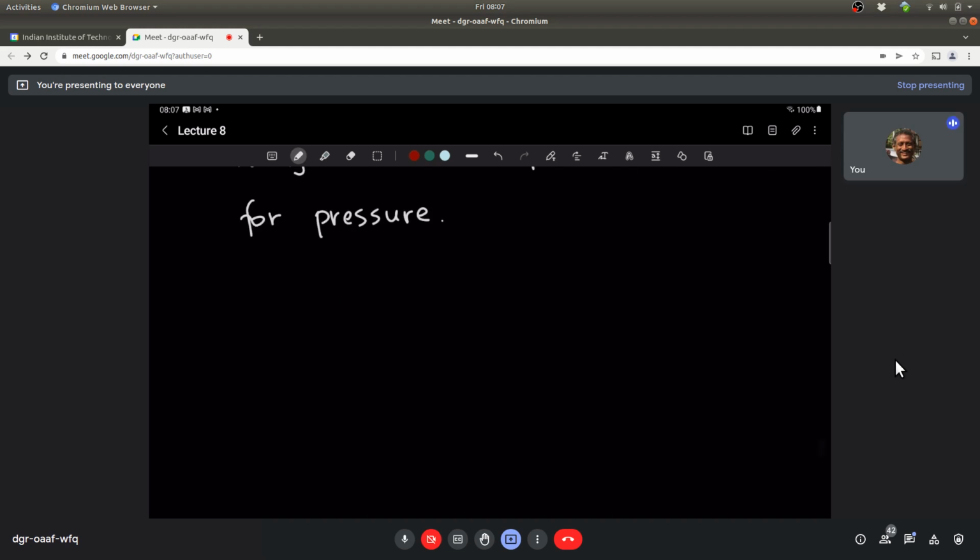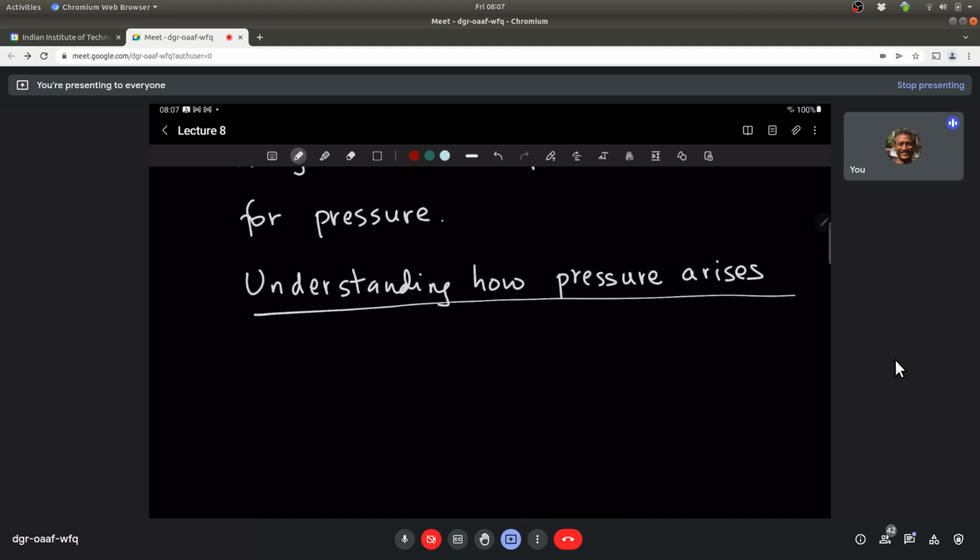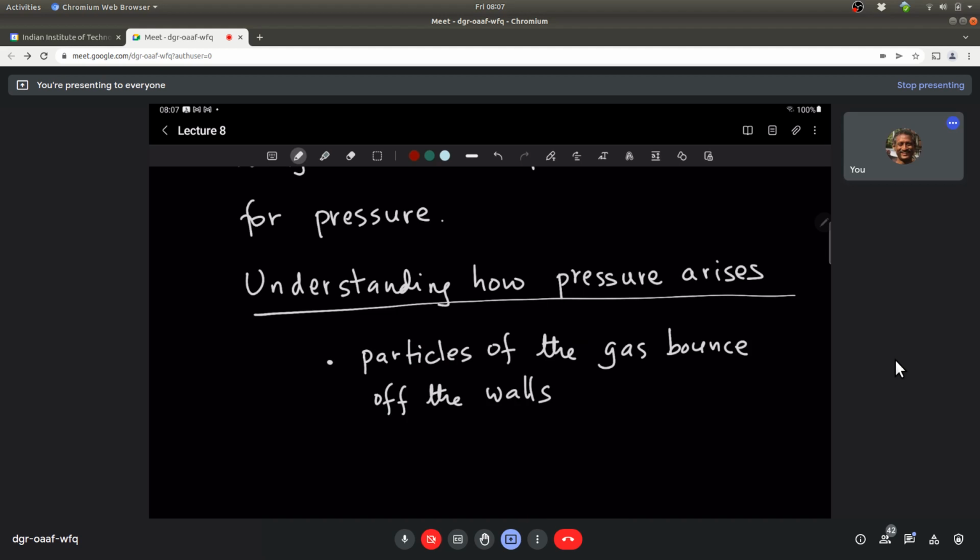So let us first understand what pressure means. Microscopically, what is happening is that the particles of the gas bounce off the wall.